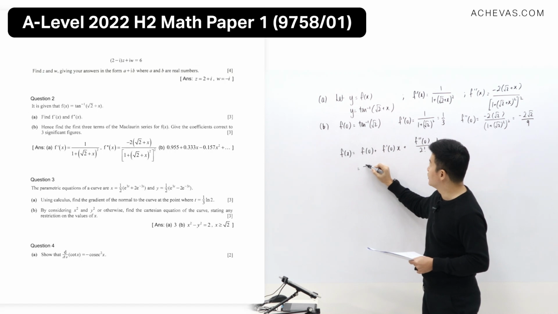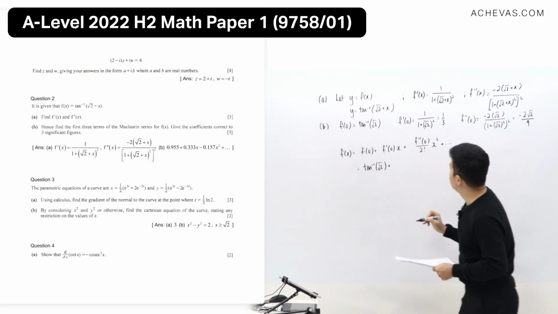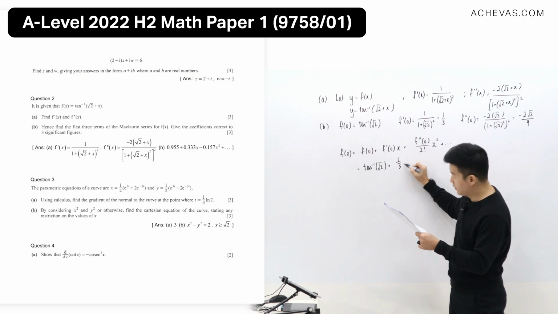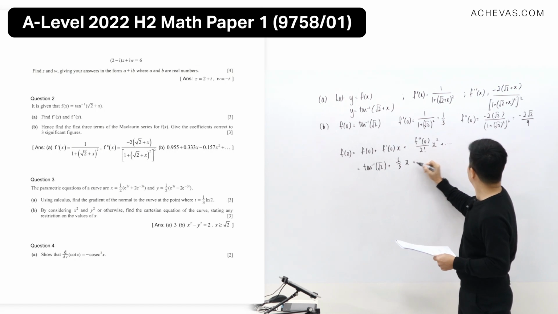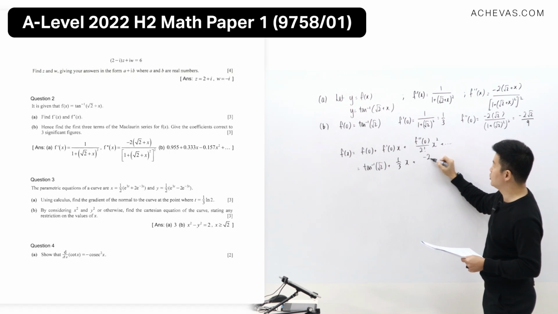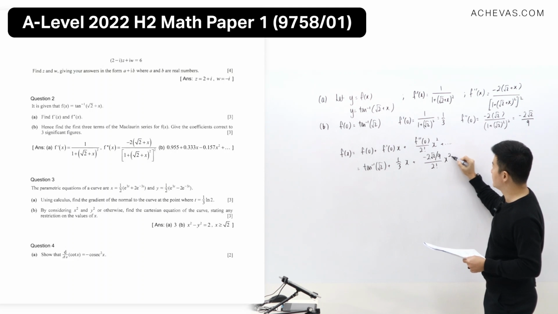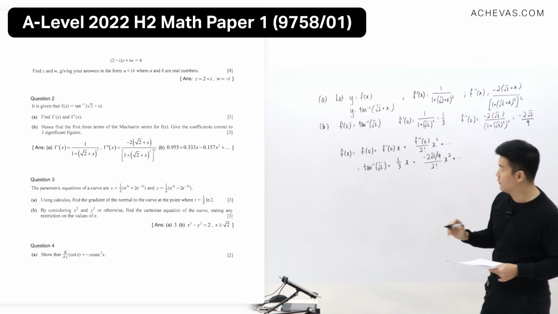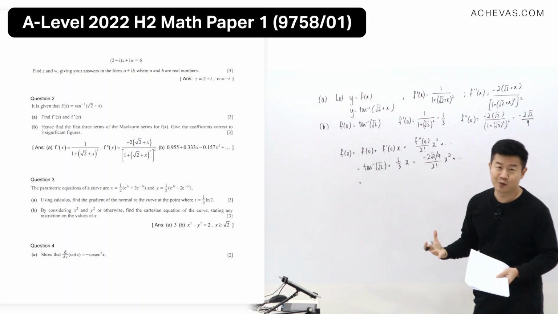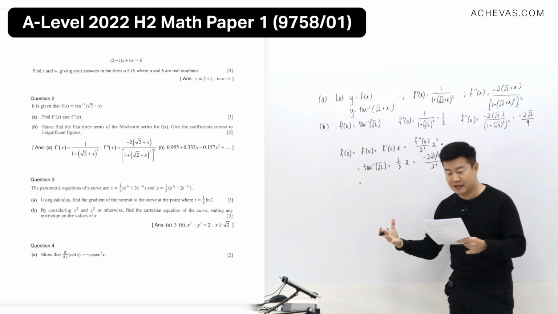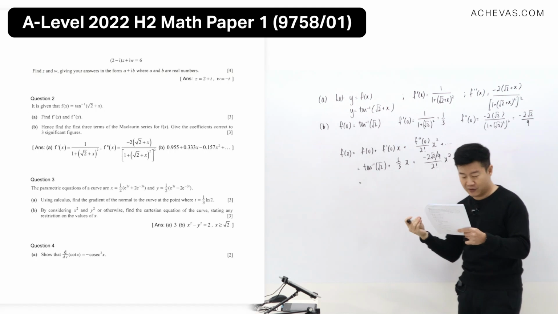So it is going to be equal to tangent inverse square root of 2 plus 1 over 3 x. Then we will have a minus 2 square root of 2 over 9 divided by 2 factorial of x squared, all the way until infinity. We will press it into the calculator so that we can get the coefficients to 3 significant figures.